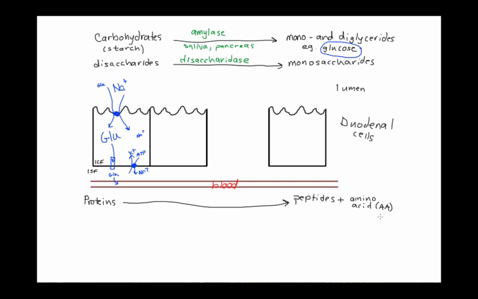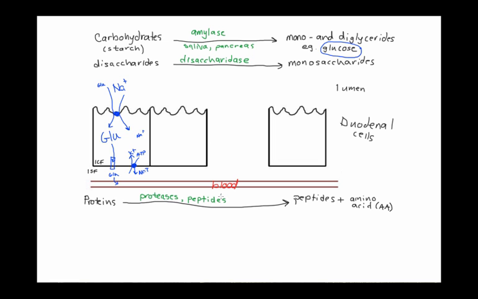So lots of different enzymes can break proteins down into peptides and amino acids. So let's just put a few of them down here. We have proteases and peptidases. So again, you would imagine a protease would break apart proteins. And a peptidase, you might imagine, would make peptides smaller.